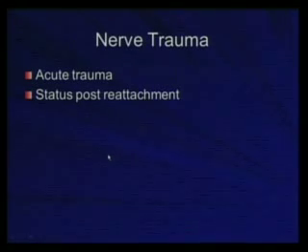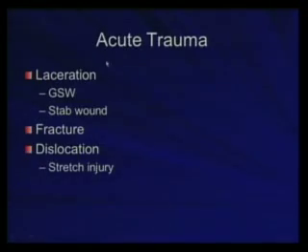We can use ultrasound to evaluate nerve trauma, for acute nerve trauma or in post-surgical cases. So we check with ultrasound for nerve laceration, for fractures, or for dislocations. So stretch injury in dislocations or nerve injury in fracture.